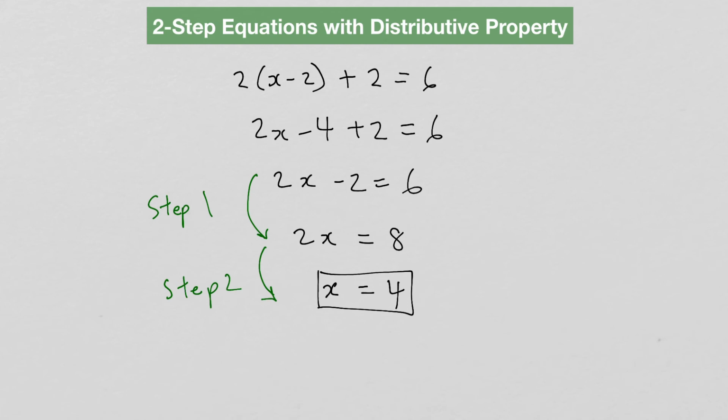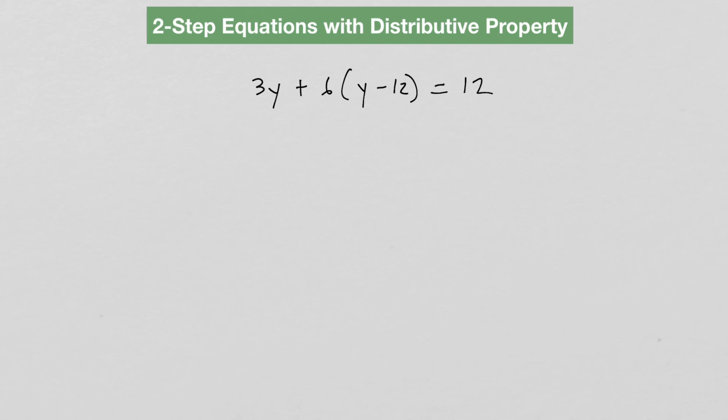Let's do one more problem and hopefully that will help you to further understand the two-step equation with distributive property. Let's say we've got 3y plus 6 times the quantity y minus 12 is equal to 12.